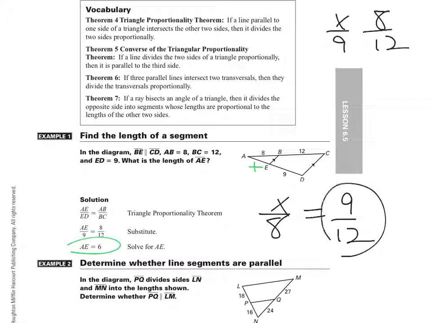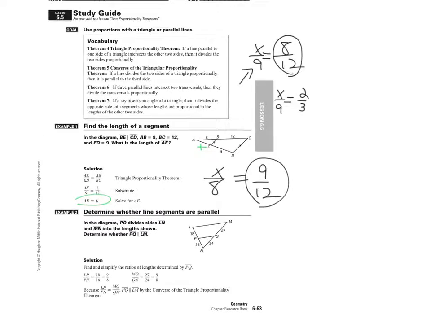Again, remember, before I cross multiply and divide, I could simplify all these fractions so I'm not getting big numbers. So for example, on this one up top, 8 over 12, I can divide them both by 4 and get 2/3. The 9/12, I can divide both of those by 3 and get 3/4.